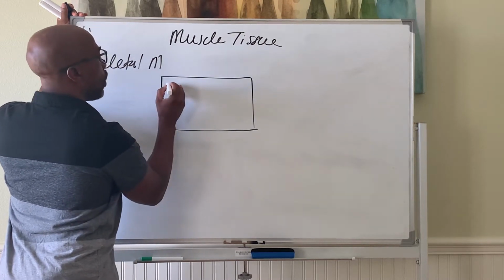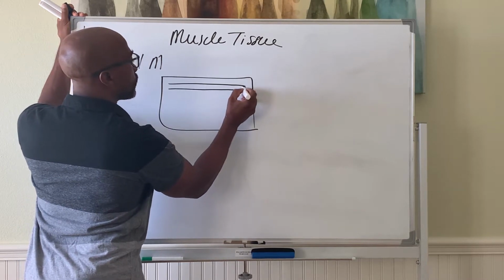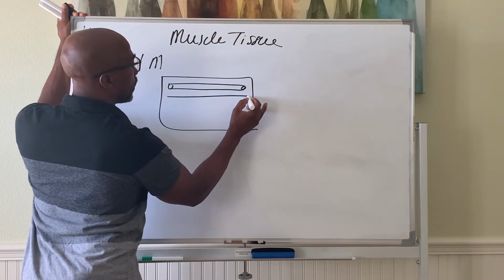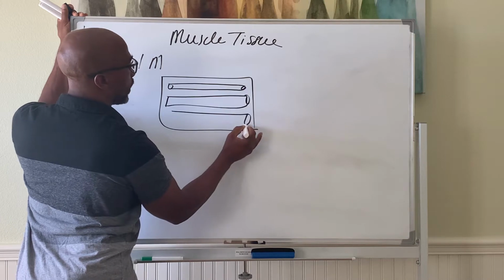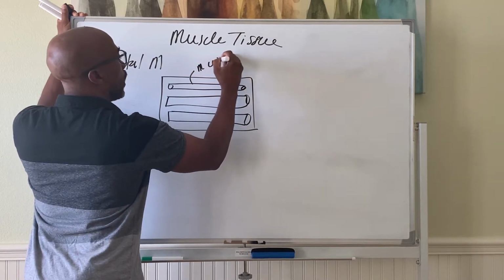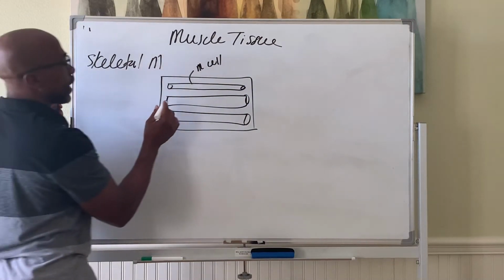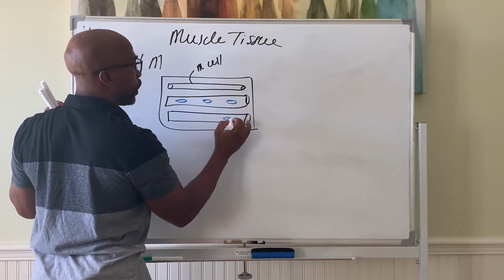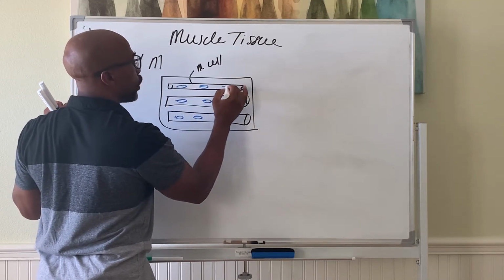It will have long cells. This is a long cylindrical cell, like so. Another one here. So these long cells make up the tissue. This is one cell, one long skeletal muscle cell, and these long cells have multiple nuclei in them. They're multinucleated because they were formed as cells merged together.